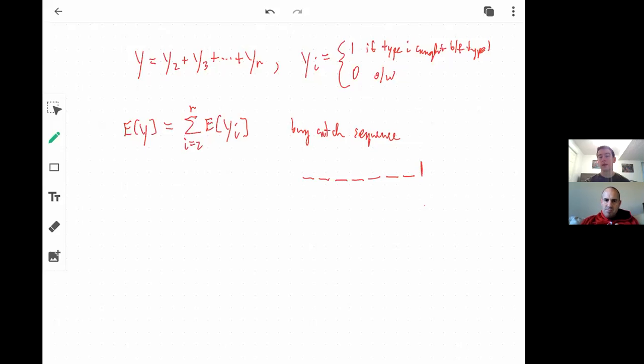And let's just say we're going to use the actual type numbers to represent that I caught this bug.